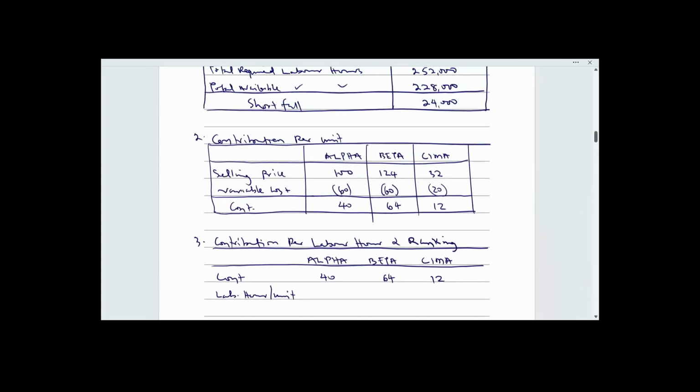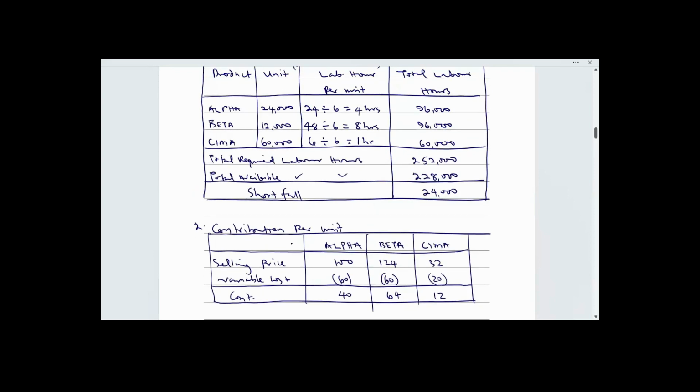Contribution per unit is 40, 64, then 12. Labor hour per unit is 4, 8, 1.